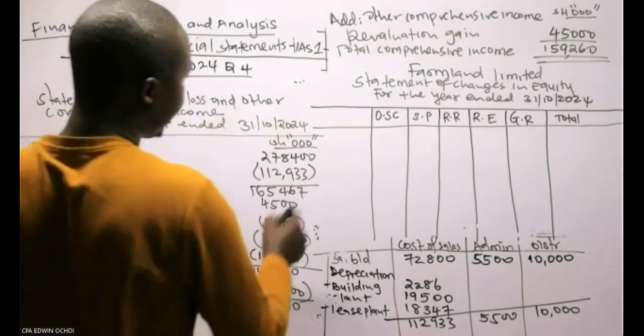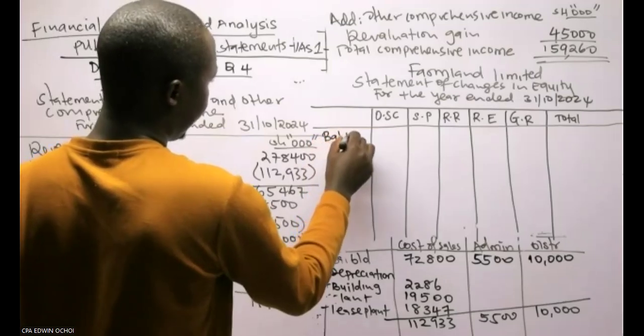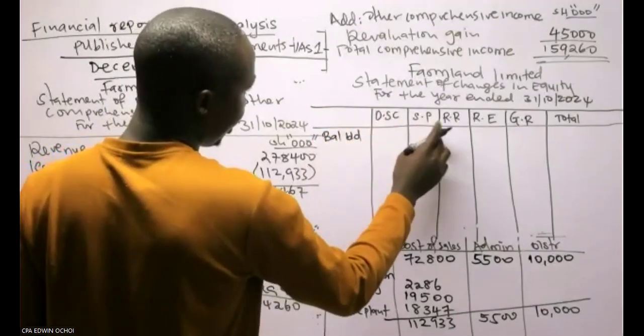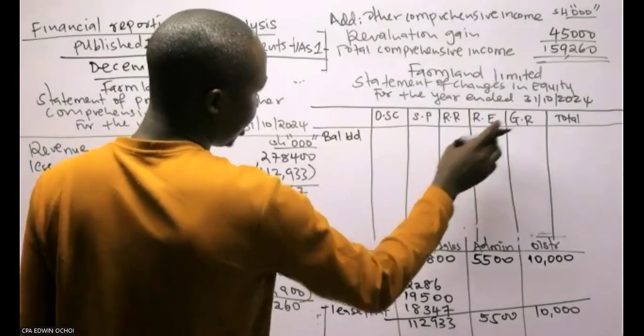So remember that here we always start with balance brought down, for what you have: ordinary share capital, share premium, revaluation reserve, retained earnings, general reserve.